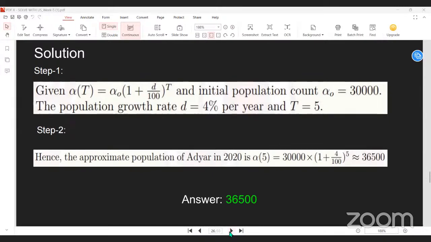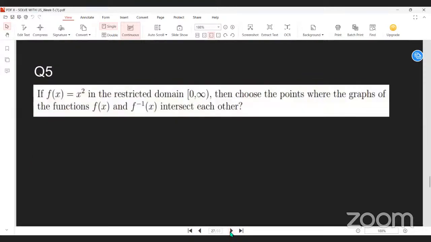Okay, so I'm moving to the next question, right? Okay. So this is the last question, I think. If f of x equals x square in the restricted domain 0 to infinity, then choose the point where the graph of the function f of x and f inverse x intersect each other, right?